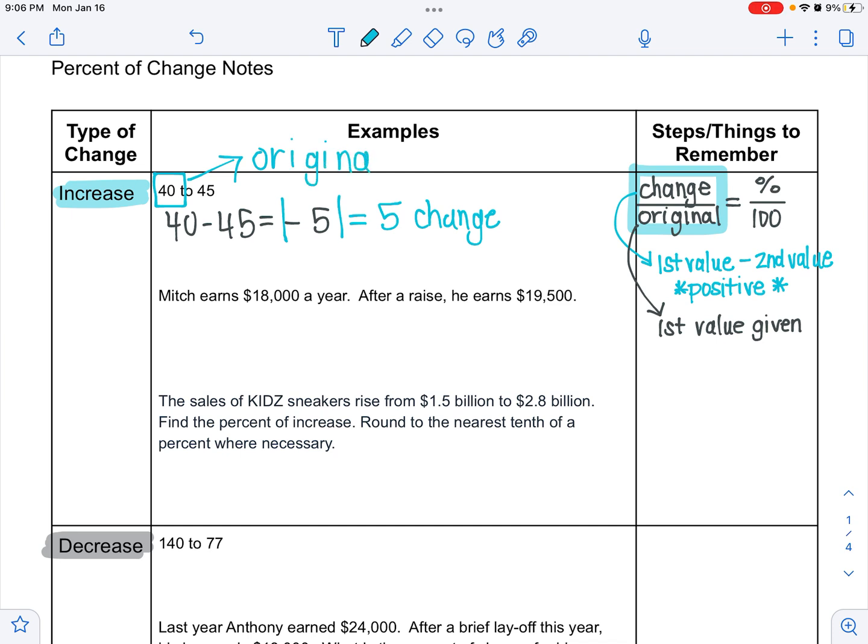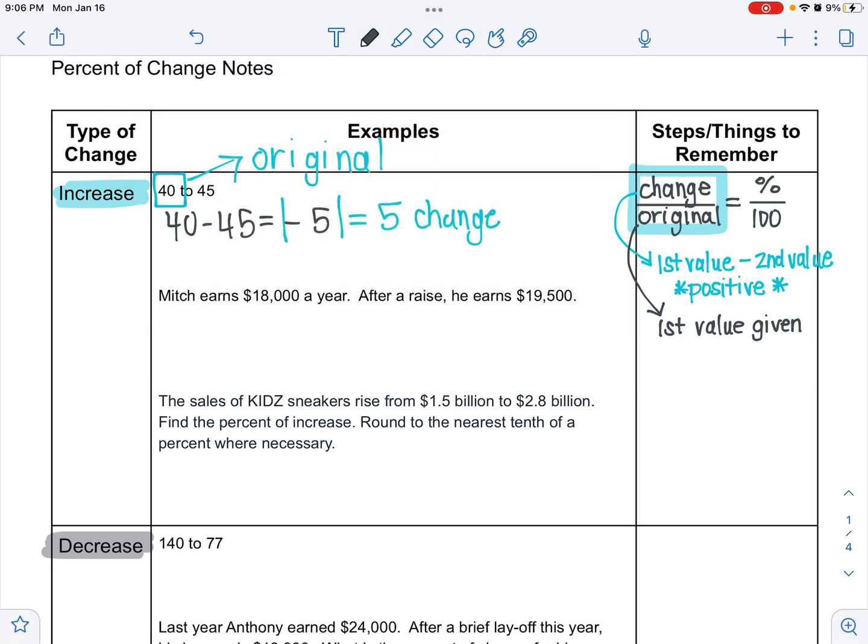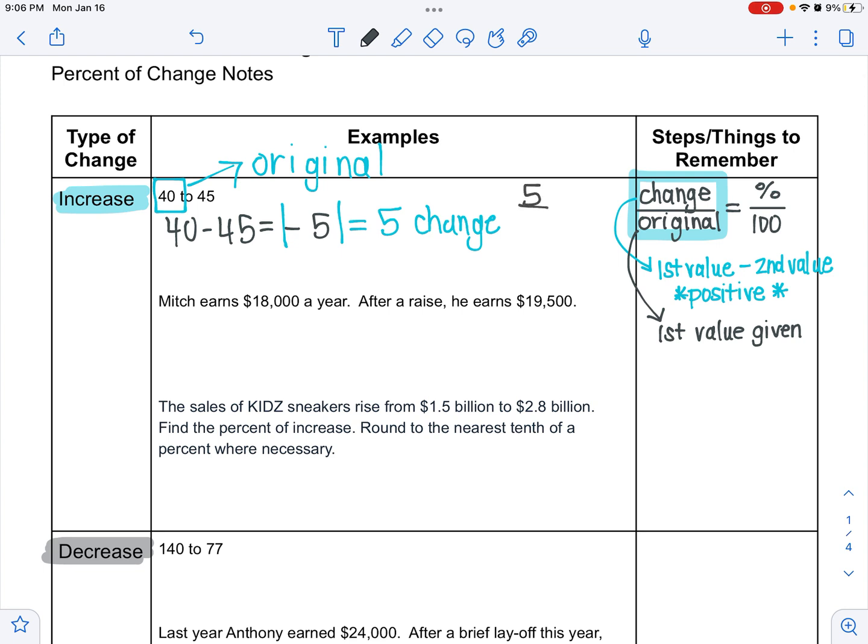And I'm just going to diagram out this first problem so we know where we're putting these pieces into our formula. So we're going to take the change 5 over the original 40, and we're going to put our variable in the percent spot because we're going to find the percent in every single problem we're doing today. So the great part is that X is always going to go over 100 when you're finding percent change. That's not the case in the problems we did last week, so we have to learn to keep those two thoughts separate, right?